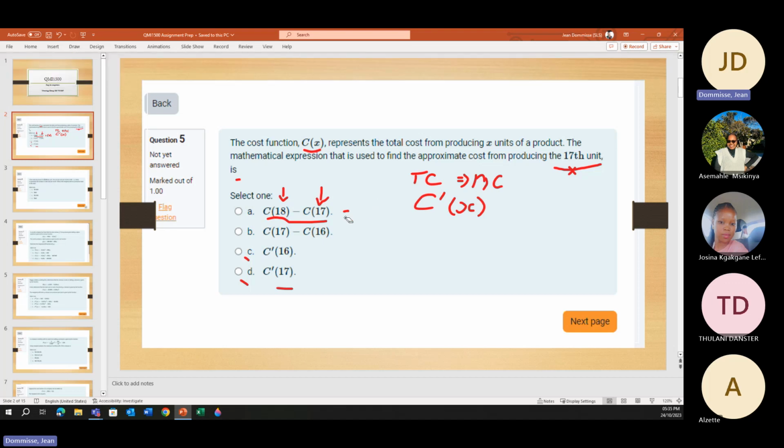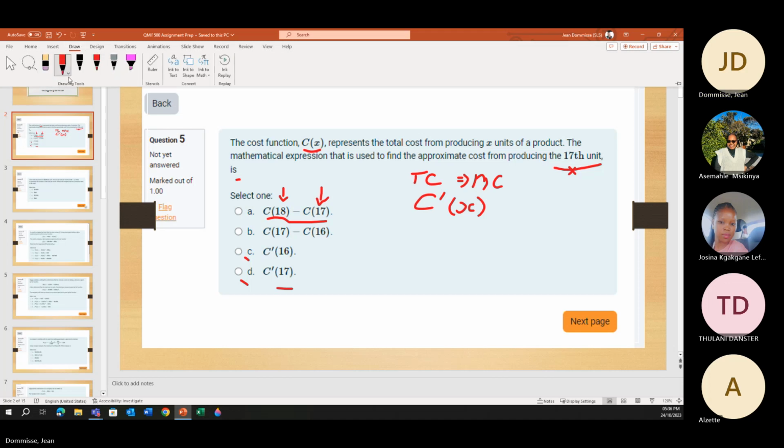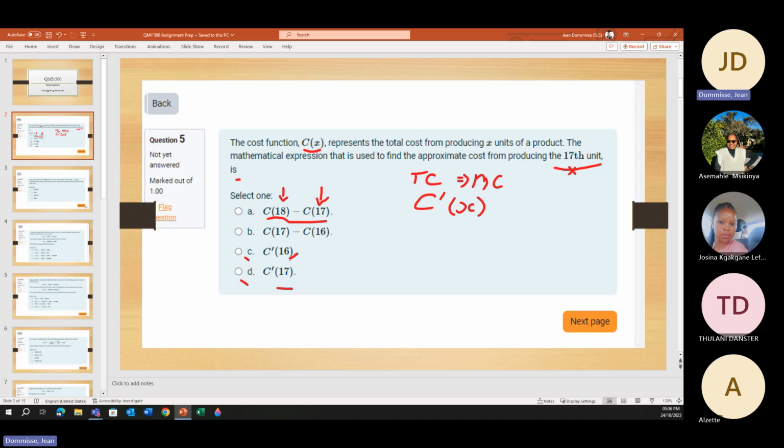So it does not tell you what the cost will be of producing the 17th unit. This will give you the 16th unit, so I would have gone for option D as well in this instance.